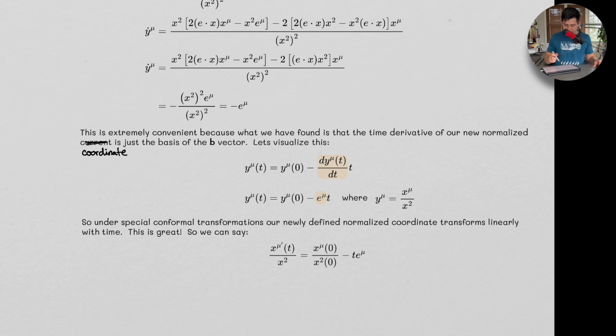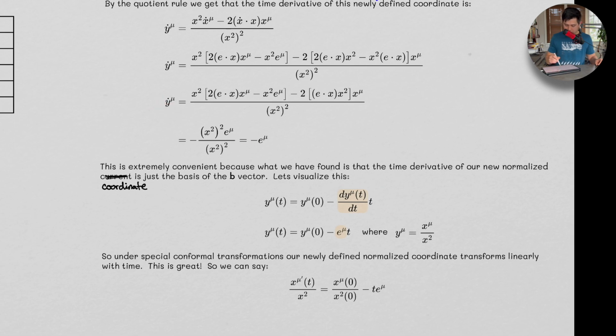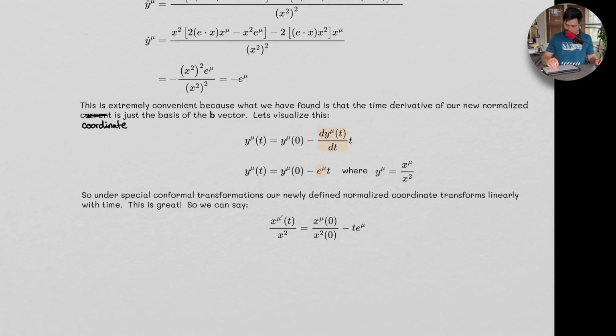We can visualize this by saying, well, okay, so here's our coordinate. It time evolves in this way, so this is our original coordinate minus some change in our coordinate times time. This could be plus, it doesn't really matter. Well, our change in our coordinate, we just calculated, was this, where y, again, is our normalized coordinate.